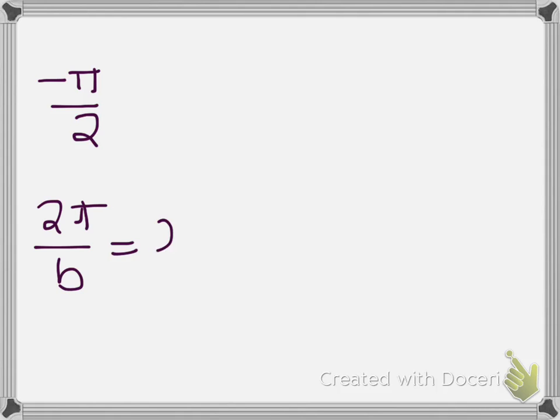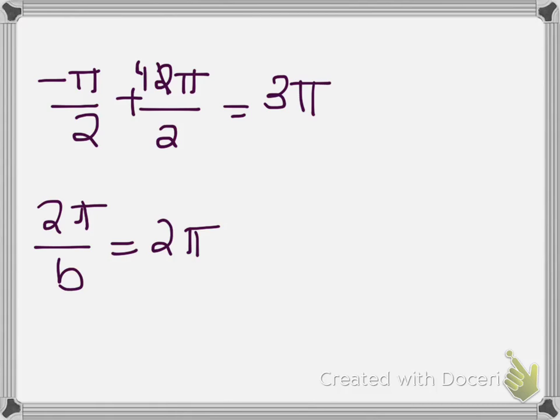So if you start the graph at negative pi over 2, you have to add the period, which you get by doing 2 pi over B, and we saw that the period equals 2 pi. So you add 2 pi to this, and this is 4 because you have to get the common denominator, and this would equal 3 pi over 2. So this equals your last point.